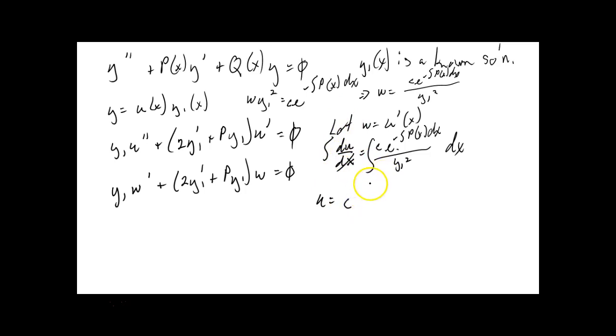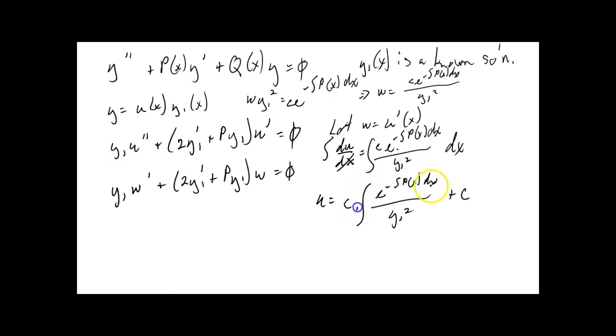The c here, integral of e to the minus the integral of p of x dx over y1 squared, okay? That's what we have there, plus c, some other c. And let's just make this a c1 and a c2 since we got two of them, okay?